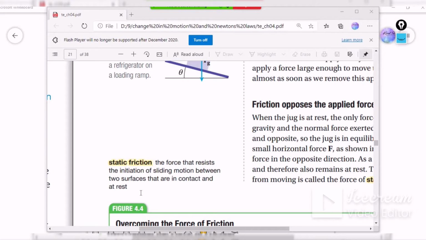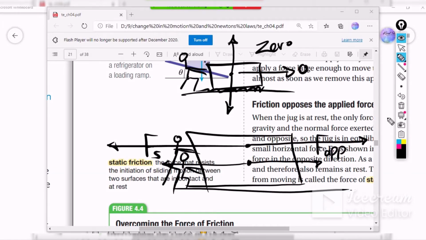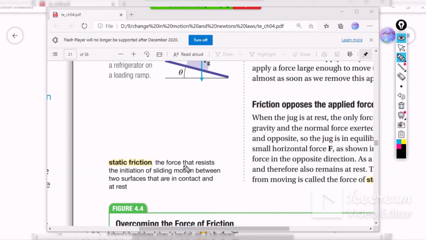Static friction resists the initiation of sliding, not letting the object move, and the contact between the surface and the object is at rest, both of them at rest, the object does not move yet. That is static friction, guys.